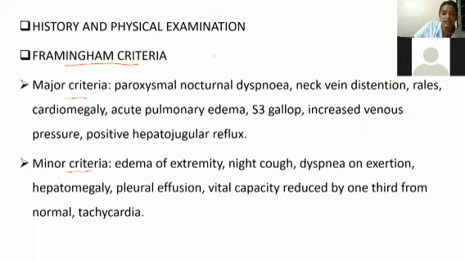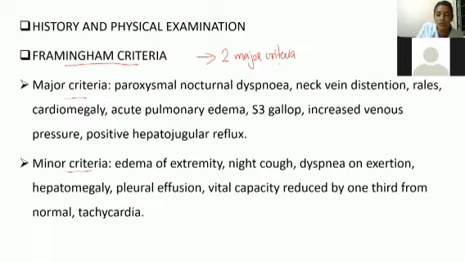So how we will assess, how we will interpret? We should assess the patient on admission. If you are suspecting heart failure, we will use this Framingham criteria. We know the symptoms, so we will assess the patient.